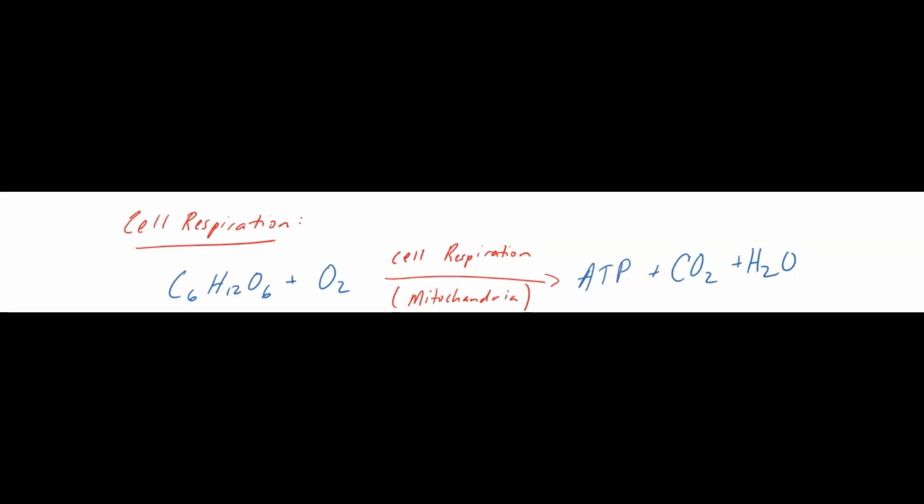So we've got glucose here, which is a product of photosynthesis. We've got oxygen, which is a product of photosynthesis. Going through cell respiration in the mitochondria, the powerhouse of the cell, producing some ATP, producing some carbon dioxide, and producing some water as well.